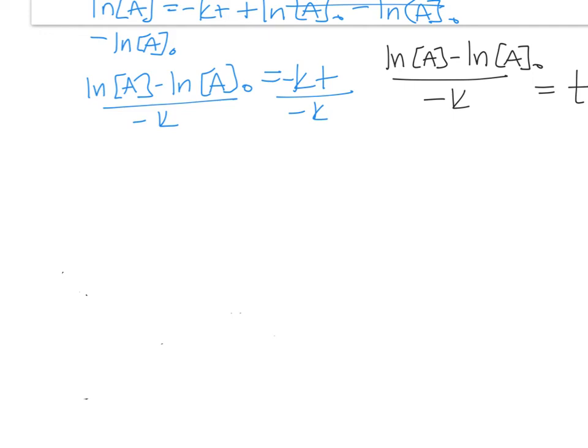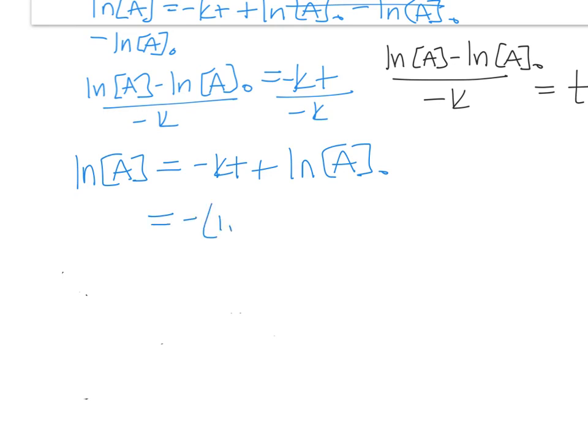All right, in this particular case, if I'm looking at ln A is equal to negative kt plus ln A sub 0, I'm solving for ln A, and so I'm just going to plug and chug into the formula.